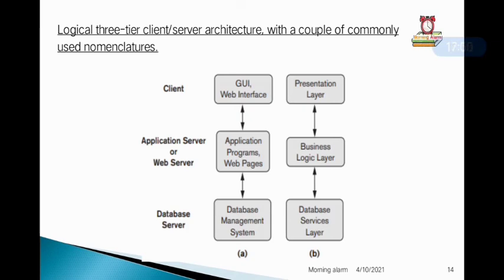This acts as the intermediate level and it checks the client's requests. If the client's requests are proper and the security is good, then it sends the client's request to the database server and gets the data from the database server and sends the required access and functionalities to the client.